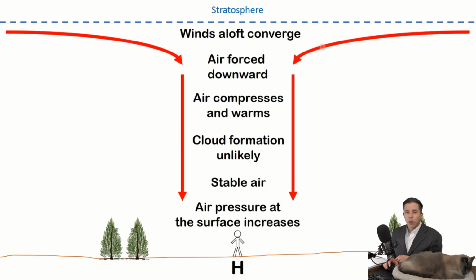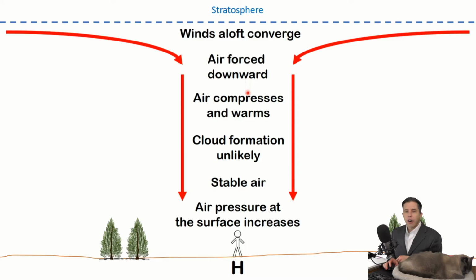And if they do, it turns out that air, when it crashes into itself, for reasons we haven't really gotten into yet, but we might later, can't really go up into the stratosphere. Instead, it goes down. So when winds aloft, which just means up above our heads, converge, that forces air to go down.